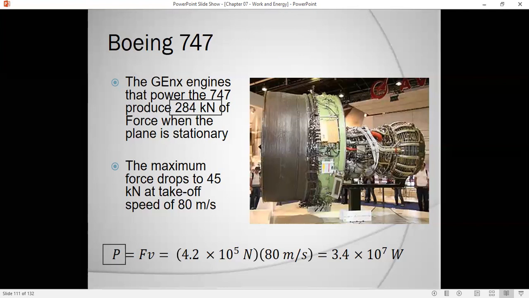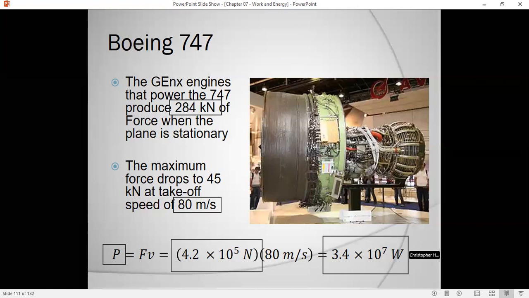But as we reach a takeoff speed of 80 meters per second, the force actually drops off, okay, for the same amount of power, 34 megawatts of power per engine, at, once again, 80 meters per second. Your force output drops from 284 to only 42 kilonewtons.